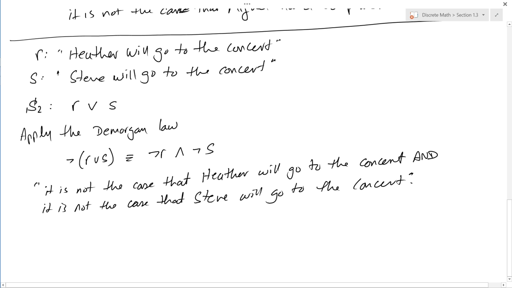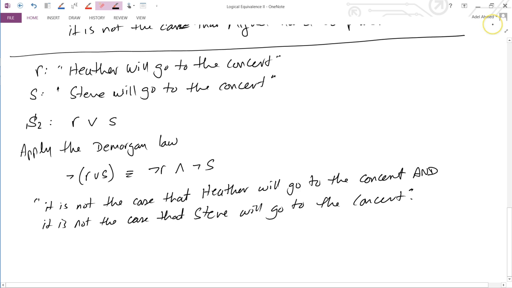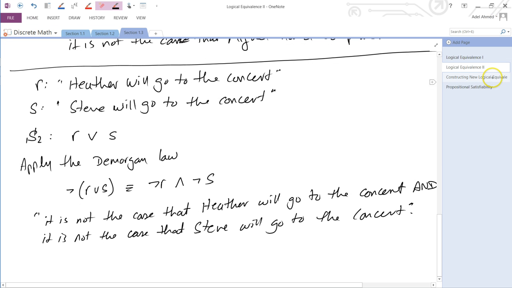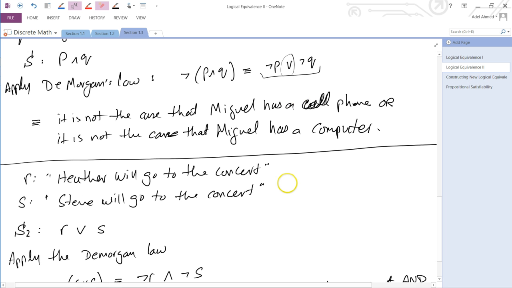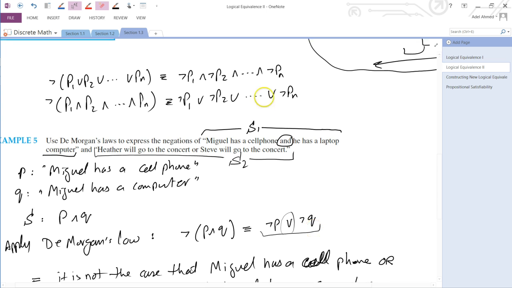Right, with this covered, now we've come to the most important part of this lecture, which is the method of constructing new logical equivalents using the logical operators, or the equivalents that we have taken so far.